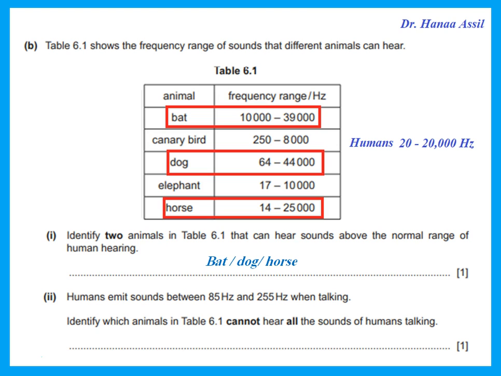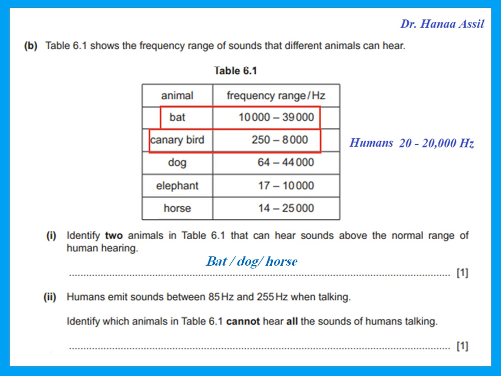Humans emit sounds between 85 hertz and 255 hertz when talking. Identify which animals cannot hear all sounds of humans talking. So they cannot hear 85 to 255. Which ones cannot hear 85 to 255?